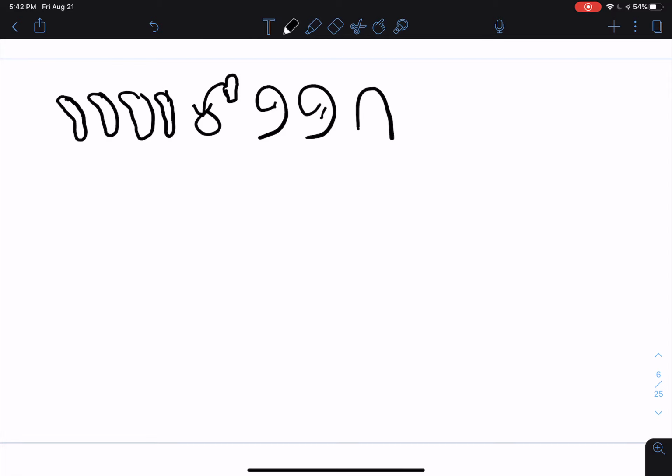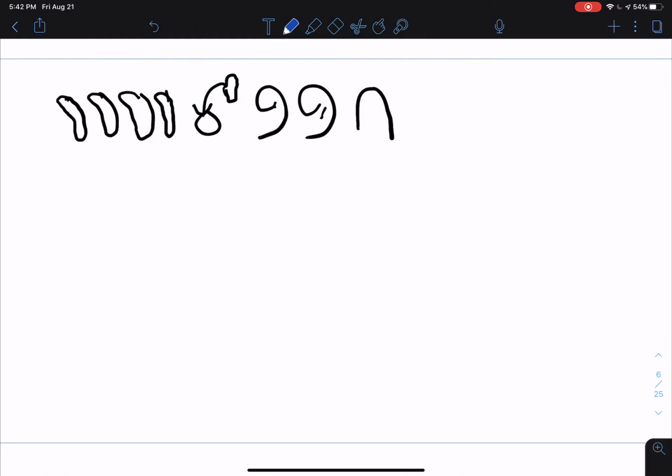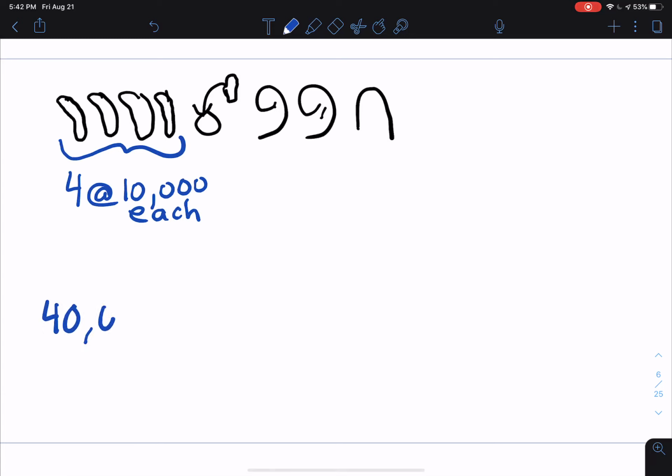Okay, so let me change color here. Let's go with the light blue. So if I look at these, I have 4 of these fingers, and those were 10,000 each. So that comes out to 40,000.